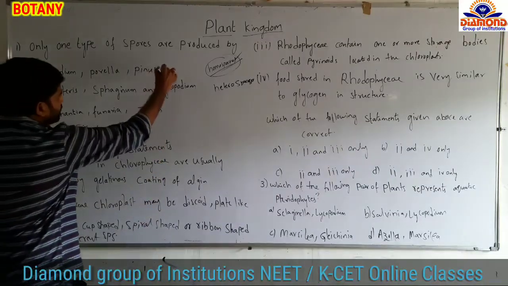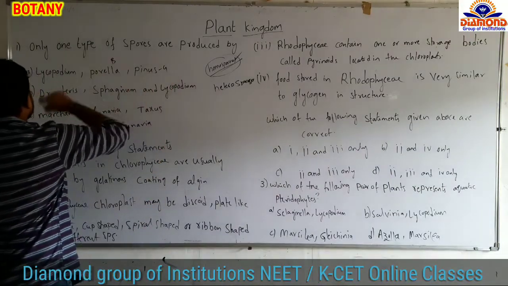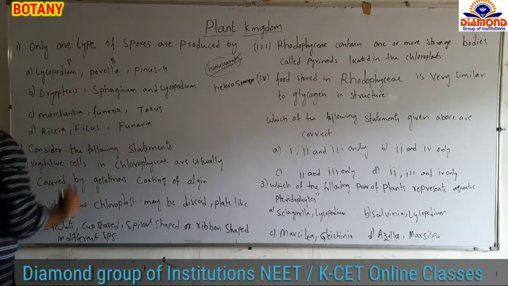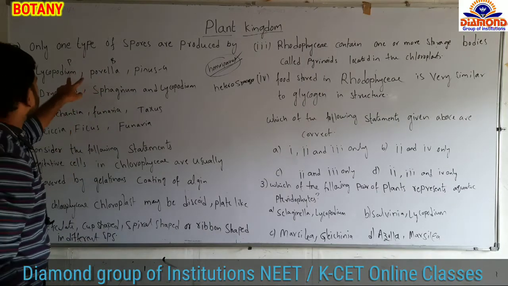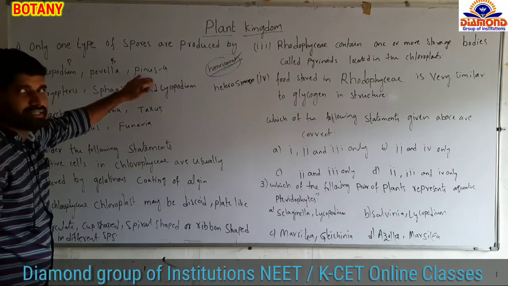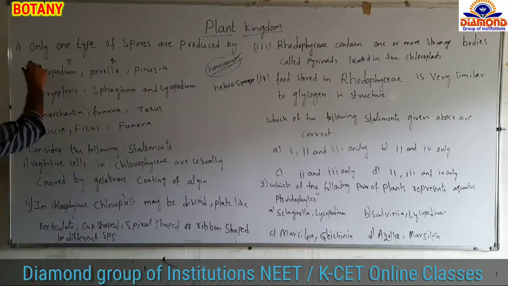So in option A, Lycopodium and Corolla are homosporous, but Pinus is heterosporous. So option A is not correct.